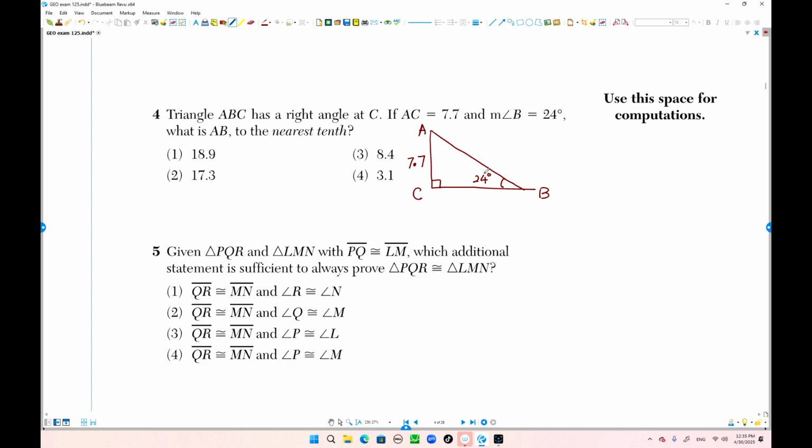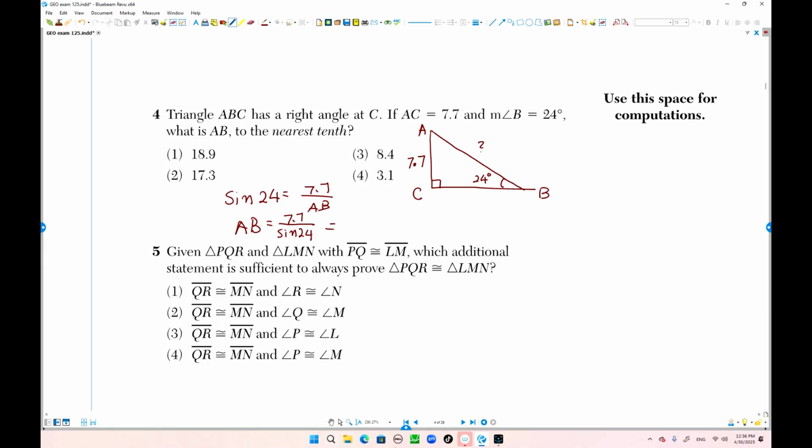What is the length of AB? Sine 24 is opposite over hypotenuse, so sine 24 equals 7.7 over AB. What is the value of AB? AB equals 7.7 over sine 24, right?